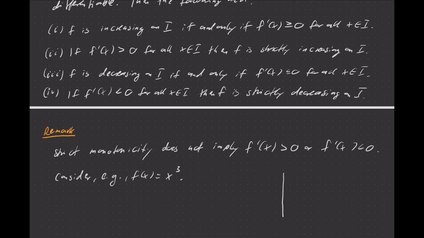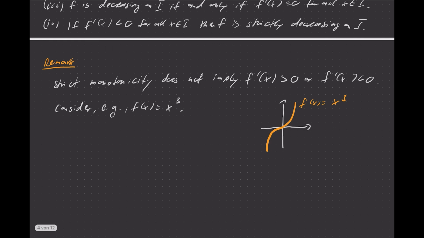You should know how that looks, but basically that function is shaped like this. So this is x to the power of 3, roughly. And as you can see, that function is obviously increasing, and it even is strictly increasing. So that is strictly increasing on R.